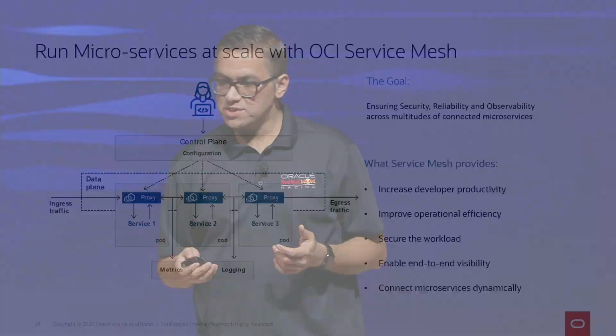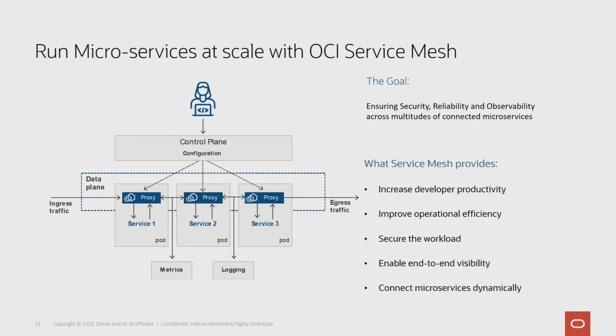This is where things become easier using service mesh, and you get end-to-end visibility. Your operational efforts are improved, and you can be more productive and just focus on building the application. You don't have to write application code to establish mTLS communication between microservices. You can get end-to-end visibility and do blue-green shift of traffic, all with OCI Service Mesh.